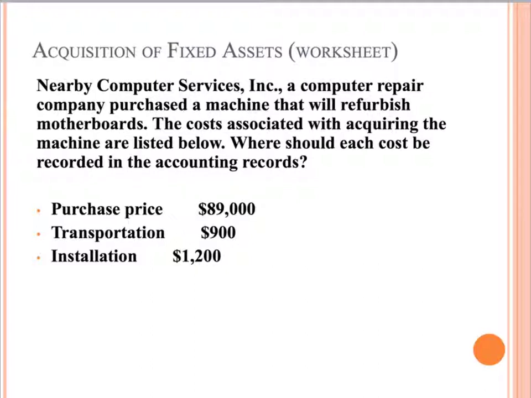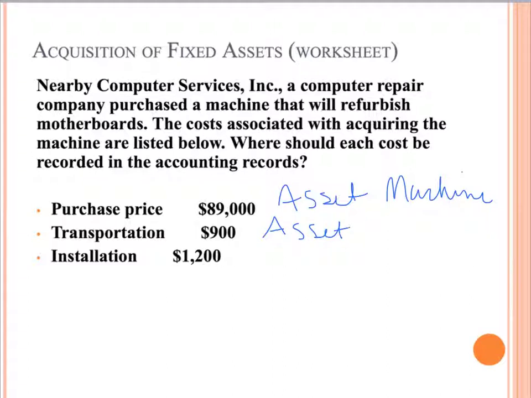We have the purchase price. Well, that's going to be part of our asset. We can assuredly say that's an asset debit, probably to a machine. Transportation. That is on the list provided in the worksheet. Transportation to the location to be used, that becomes part of the asset.